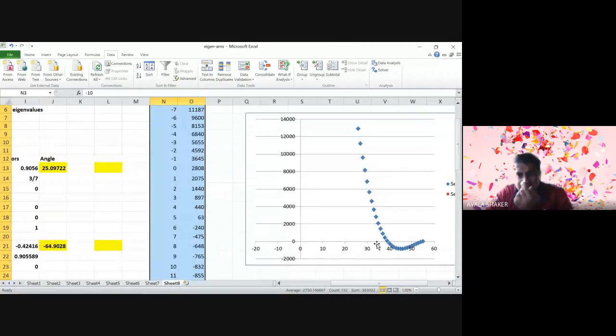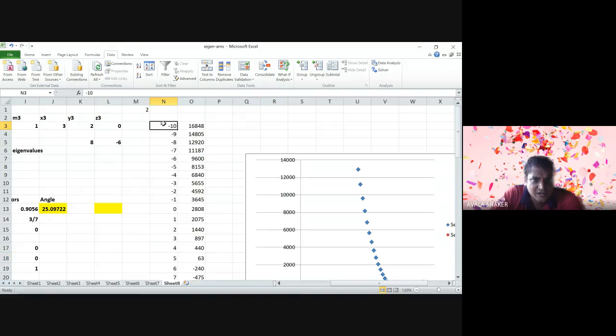So you can see here, this is of no area of interest for us. It is just diverging off here, and then again you can see that it goes down with some minima it seems, and then it is diverging up. So that's why what we did was, we're not interested in this.